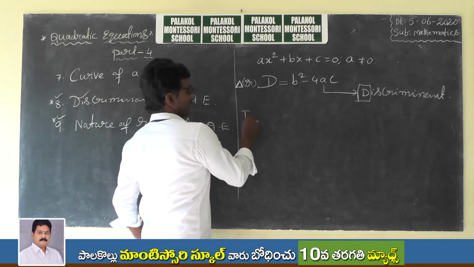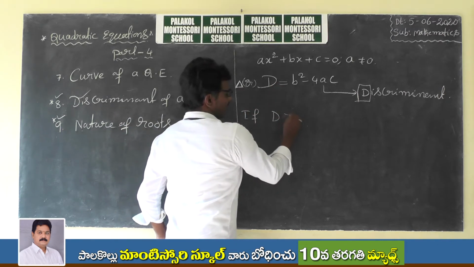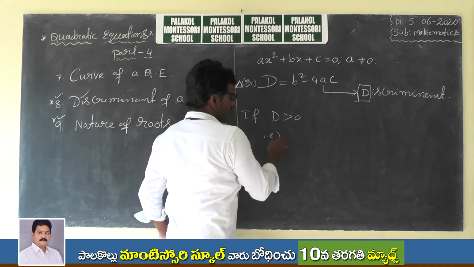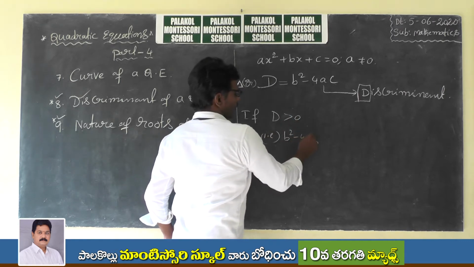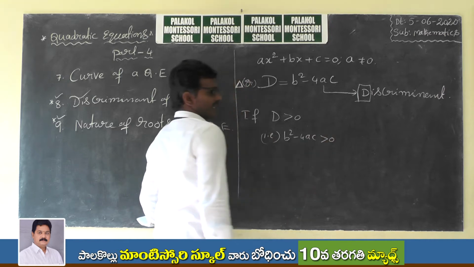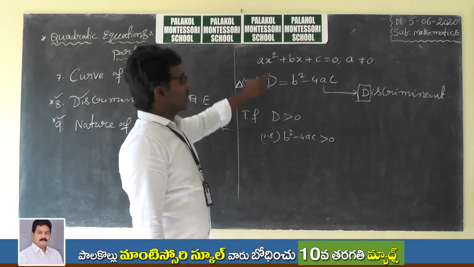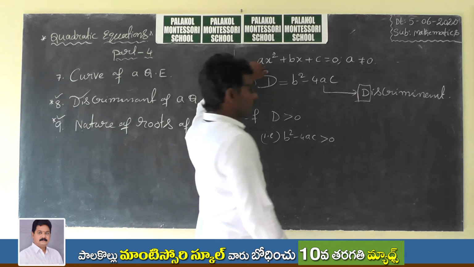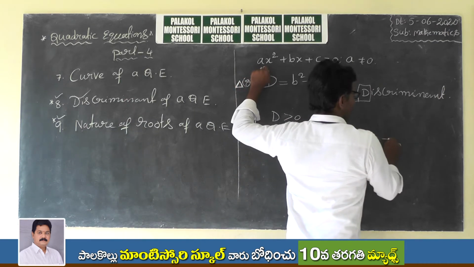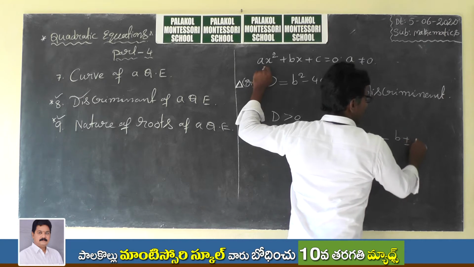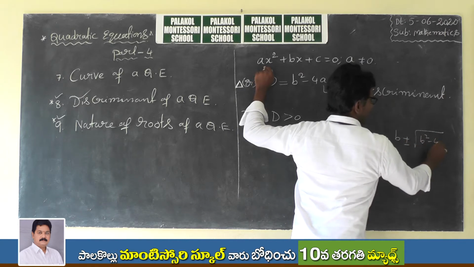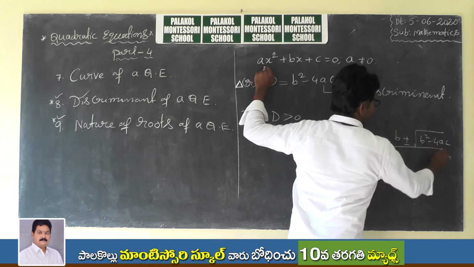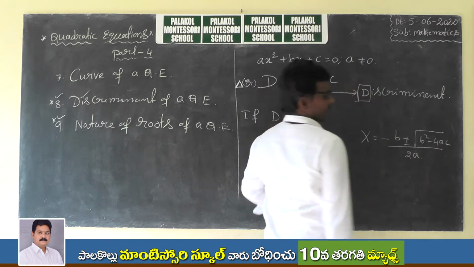If this D is greater than 0, that means b square minus 4ac is greater than 0, in that situation the quadratic equation has 2 roots. Then x is equal to minus b plus or minus root of b square minus 4ac by 2a.